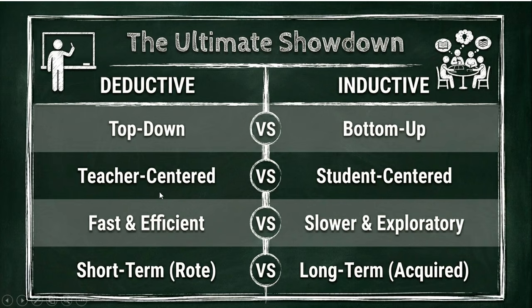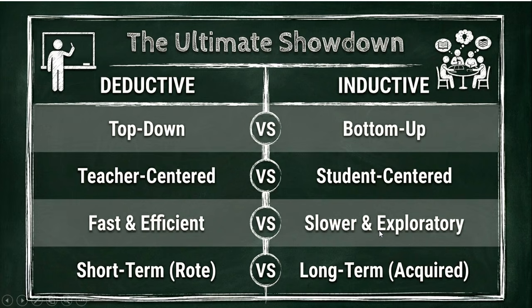The deductive is teacher-centered. The focus is on what the teacher says. And inductive is student-centered. The focus is on what students find. Okay? The deductive is fast and efficient, time-saving. But the inductive is good, but it is slow.